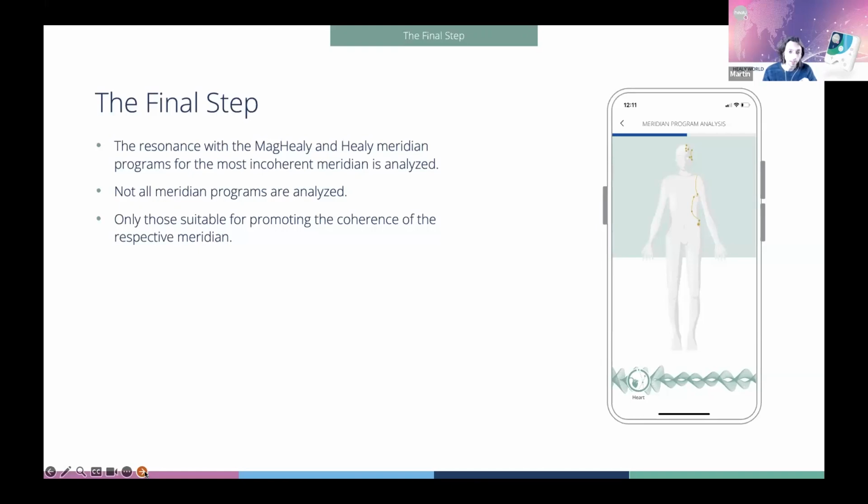And then you take the first, the highest resonance for the Healy and McHealy program and apply both of them daily. In the ideal case, also at the time of the meridian, so when it's active according to the organ clock. Of course, if it's in the night, it's better to just apply it in peace.